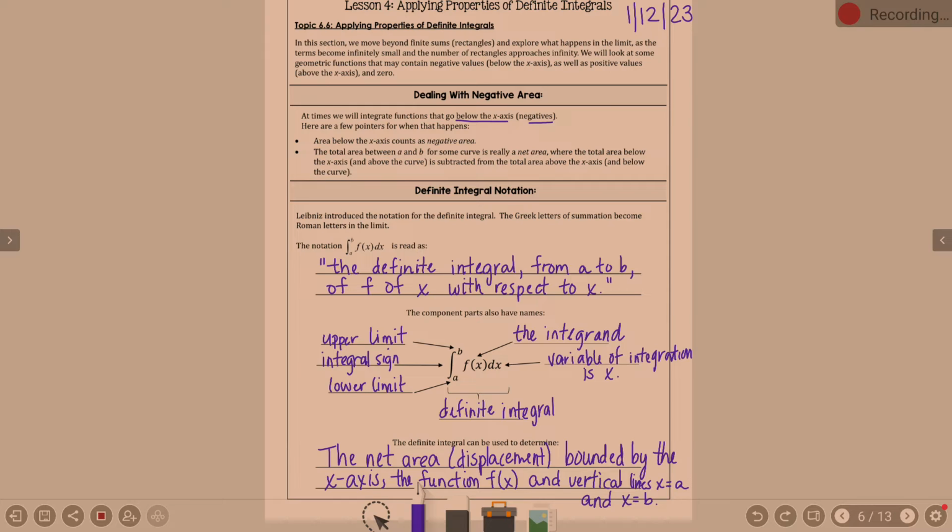And then from A to B means it's from a vertical line x equals A to another vertical line x equals B. So the net area or displacement is bounded by the x-axis, the function f of x, whatever that curve is, and then A and B. Okay, so everything has a border, so to speak.